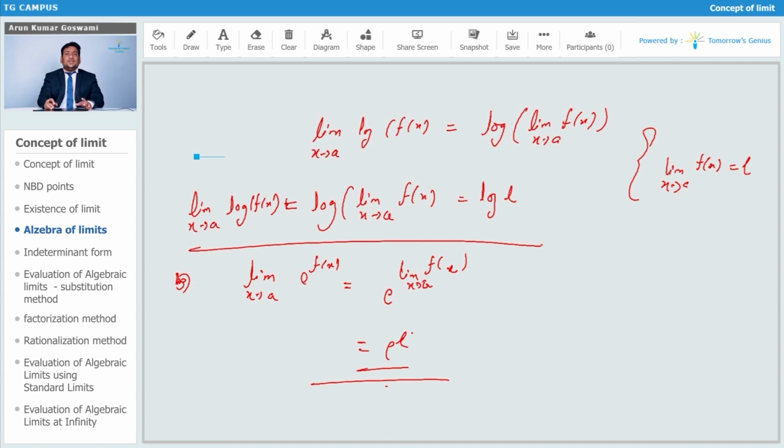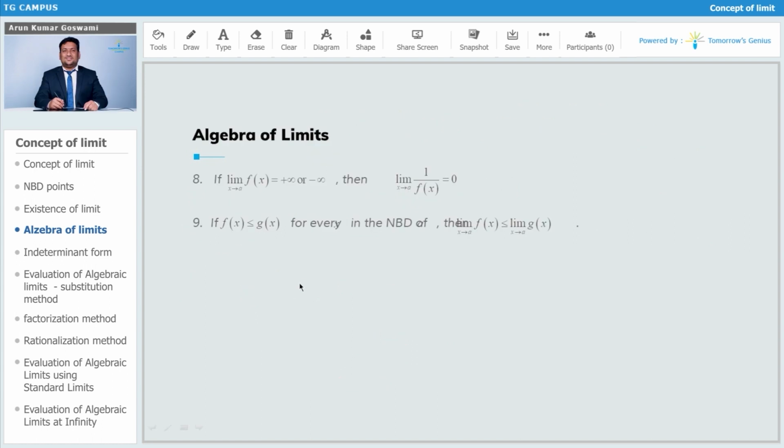So like this we can solve and we can use this algebra in the problems.